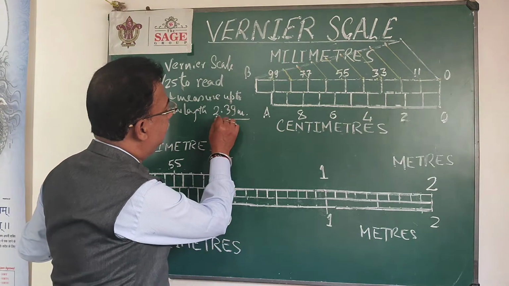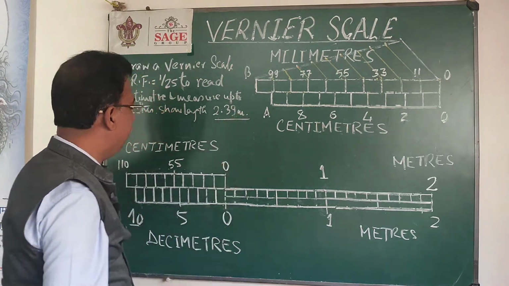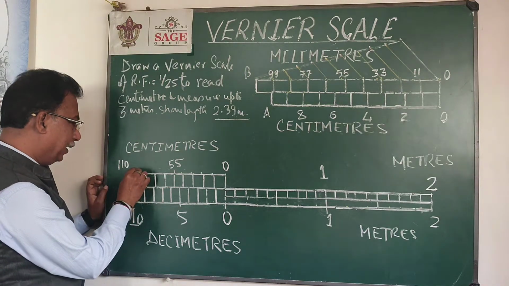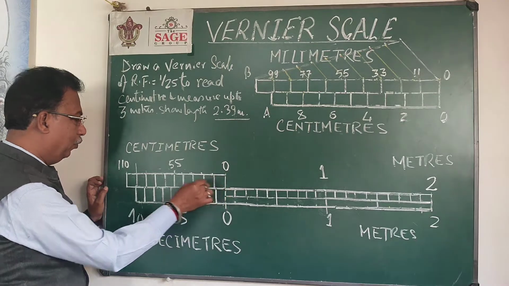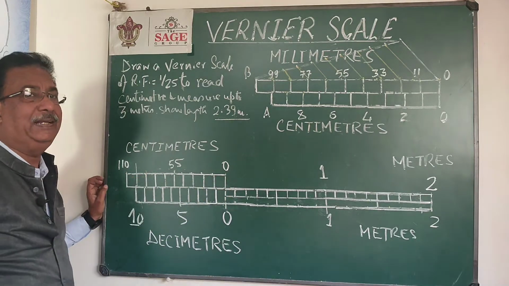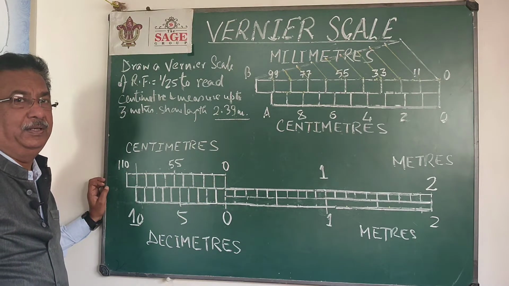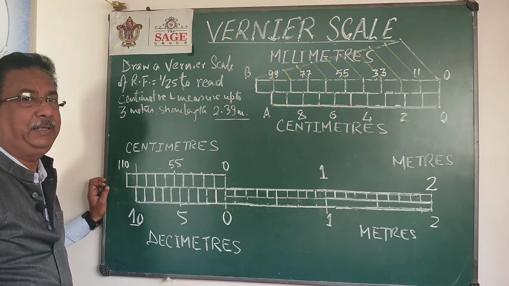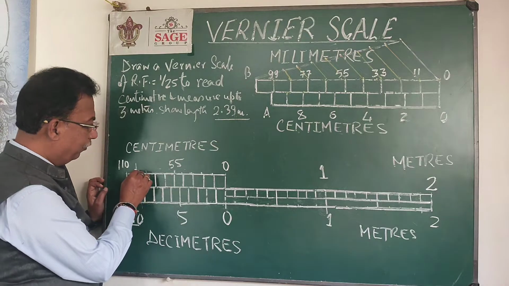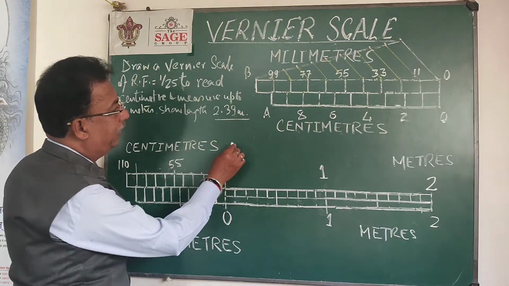As you see, the last digit 9 will be at this point. If I go to this point, the distance from O to this point will be 99 centimeter. 99 centimeter means 0.99 meter. So if I go from this to here, that is 0.99 meter.